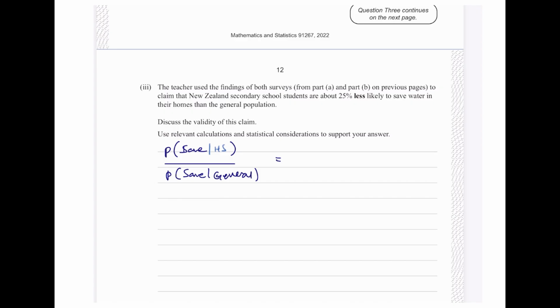If it's 25% less likely, we should be getting a relative risk of less than 1, or a value of 0.75. So let's actually do the calculation.